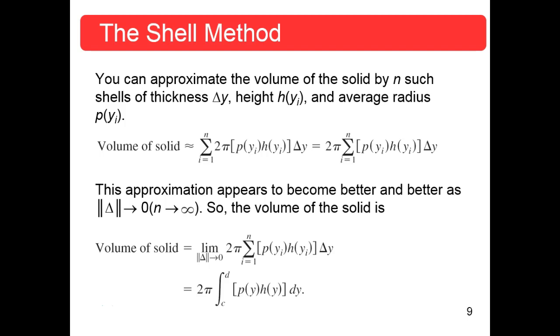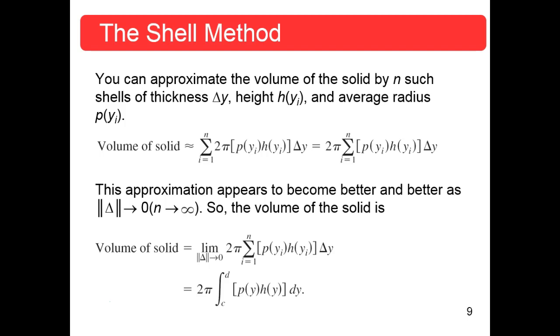So the volume will be the limit as the norm is approaching 0, but your n is approaching infinity, of 2 pi times this thing that we just determined here. And this summation becomes an integral. The delta becomes a d, and this goes from C to D, which from our picture, that was the limits of y, starting at C, going to D.